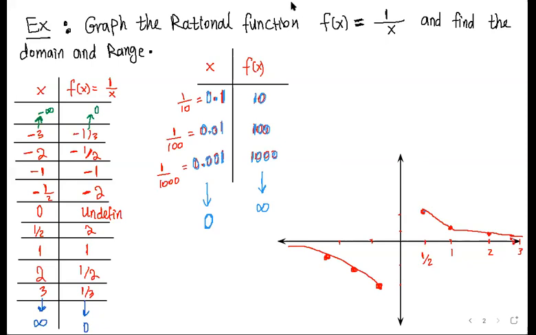So the graph would look like this. It is closer to the y-axis, but does not touch it. And the same thing for the negative side here, closer to the y-axis but does not touch it. So the graph, if I want to represent it clearly, will be like this.